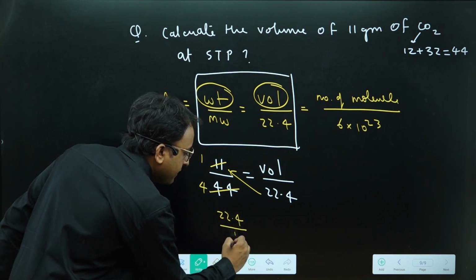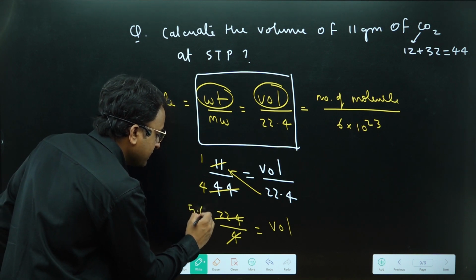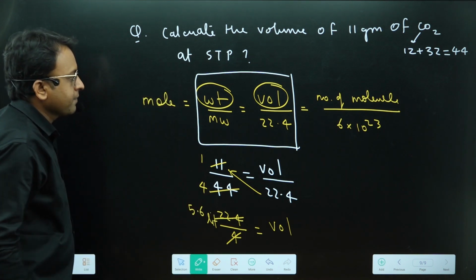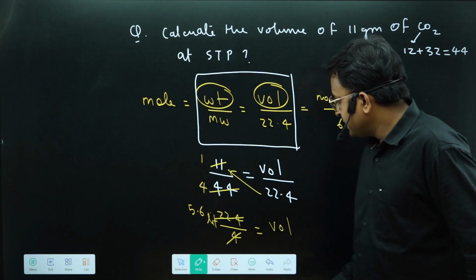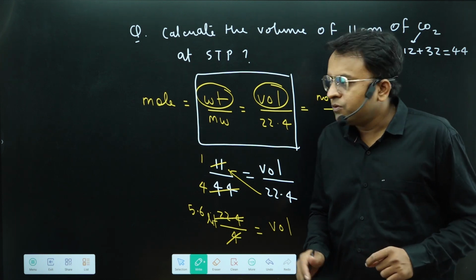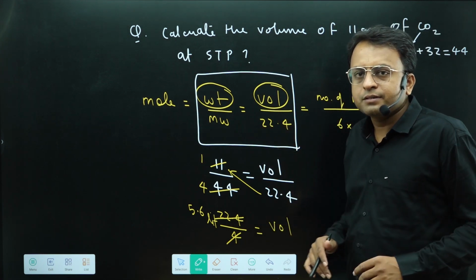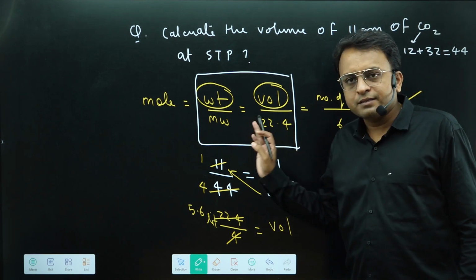So 22.4 divided by 4 is equal to volume, that is 5.6 liter. The volume of 11 gram of CO2 at STP is 5.6 liter. Likewise, you have to do all other questions on mole concept. Simply learn just this formula.